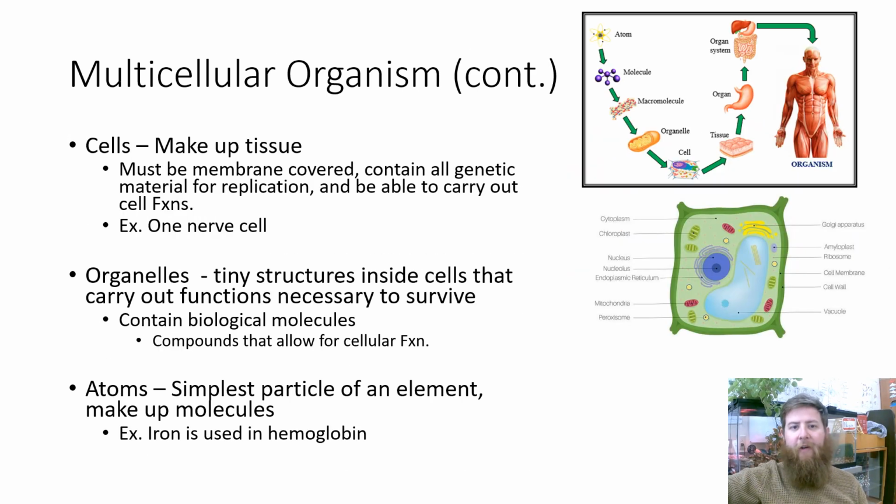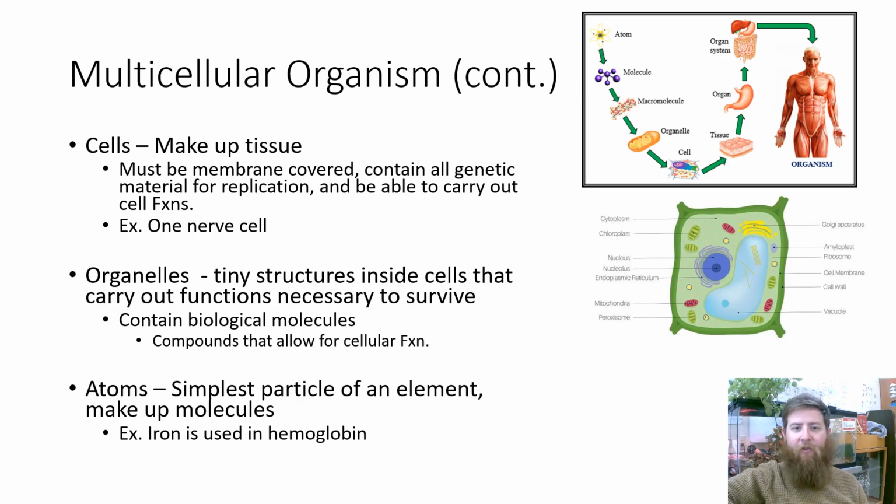Going down even further, you get into cells, which make up tissue. A whole bunch of cells come together to make tissues. Cells have to be membrane covered, can contain all genetic information for replication, and carry out cellular functions. So one plant cell is an example here. Inside of that, we have organelles, which are these tiny structures they need to carry out their functions.